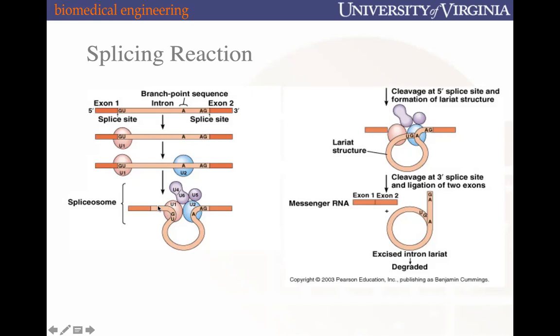After the lariat structure is formed and the 5' end is cleaved and brought over to the branch point sequence, the 3' end is going to be spliced and the two exons are going to be ligated together, and the excised lariat is going to be degraded by exoribonucleases. This entire process occurs across all the introns to form a mature mRNA transcript that's constituted of only the exons.